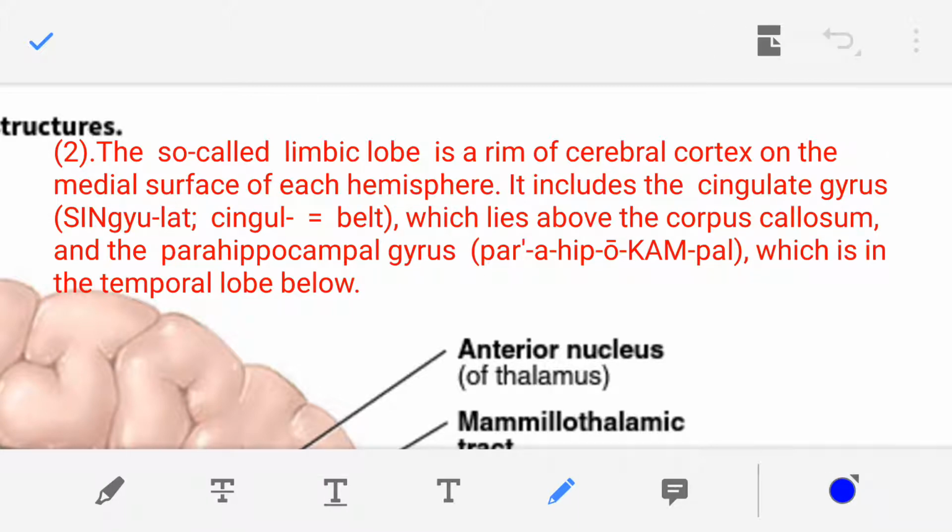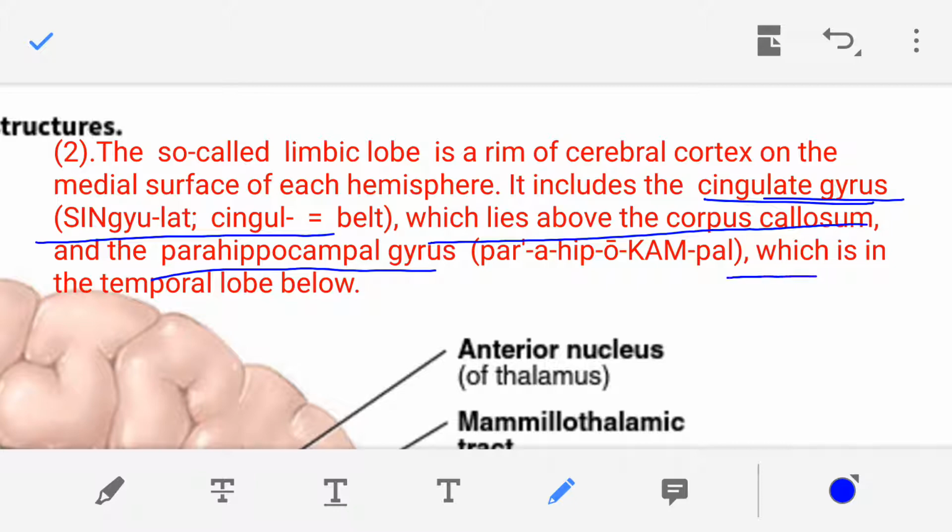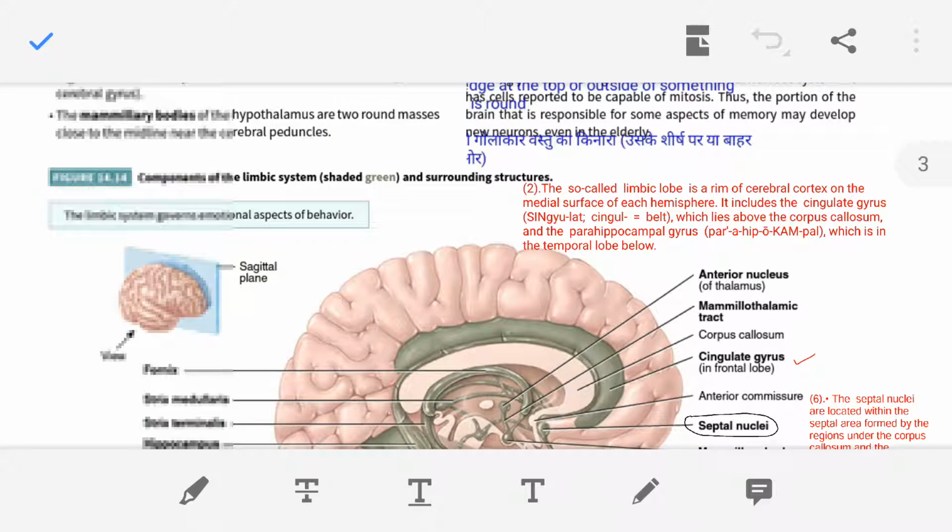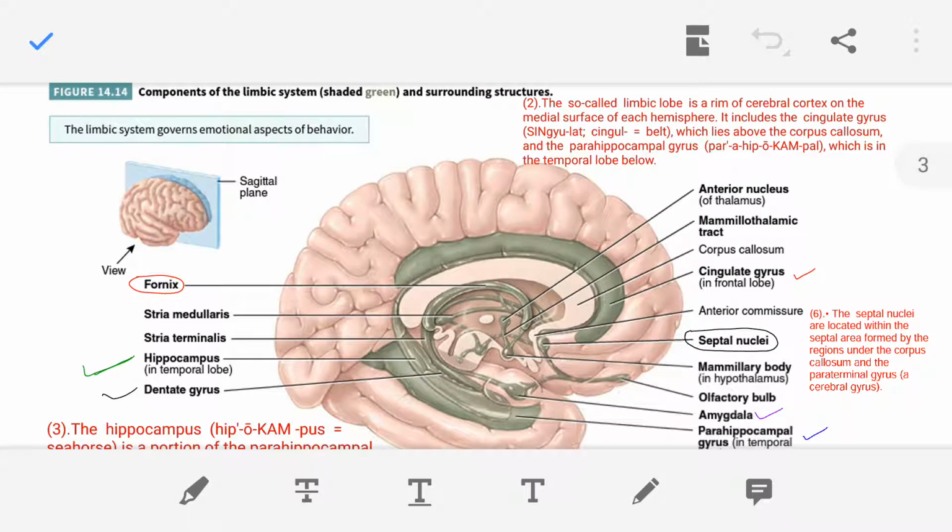The limbic lobe includes the cingulate gyrus. Cingulate means belt, and it lies above the corpus callosum. The second structure, the parahippocampal gyrus, is present in the temporal lobe, below the temporal lobe.